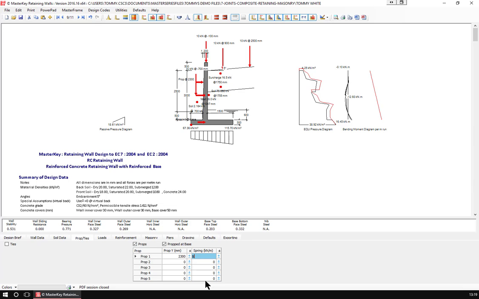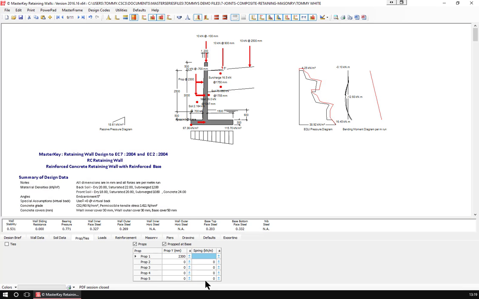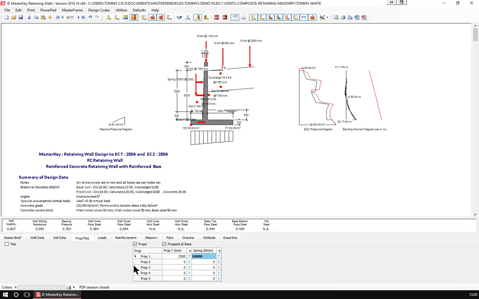If I was to go in and put this in at 1 kilonewton per meter, there's no change in the diagram. If I was to put this in at 100, it's slightly changing. You're looking at the bending moment diagram over here. If I was to move it in as 10,000, we're beginning to see the prop cantilever now taking effect, and we're beginning the curvature.